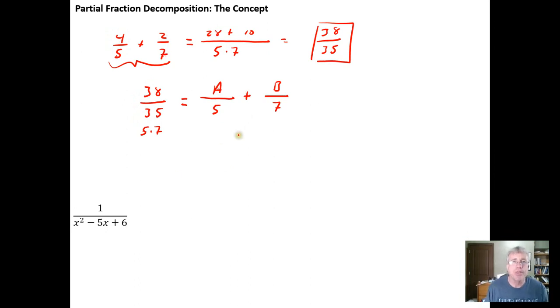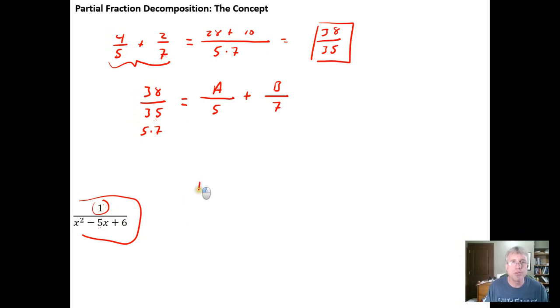So this is the key idea that's going to be used in partial fraction decomposition. Instead of starting with a ratio of integers like I did here, you start with the ratio of two polynomials, a polynomial in the numerator. So the number 1 is a degree 0 polynomial, and here's a degree 2 polynomial in the denominator.